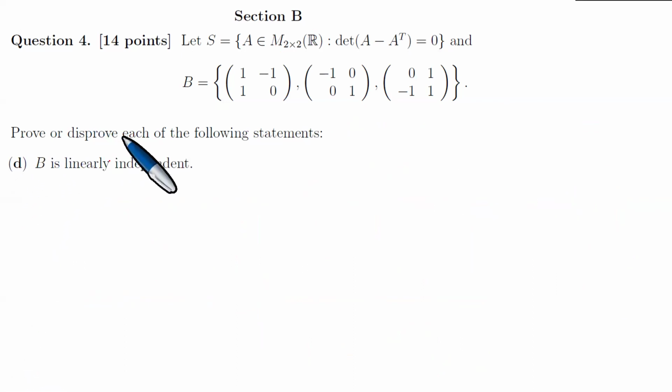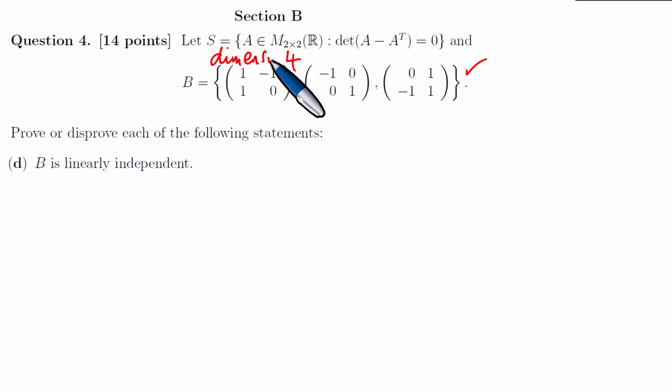Right, so now we need to prove or disprove each of the following statements. B is linearly independent. Right, so let us prove this part. Now, to prove linear independence, one thing that is very strange, always strange, is that we're dealing with a vector space of 2 by 2 matrices of dimension 4.